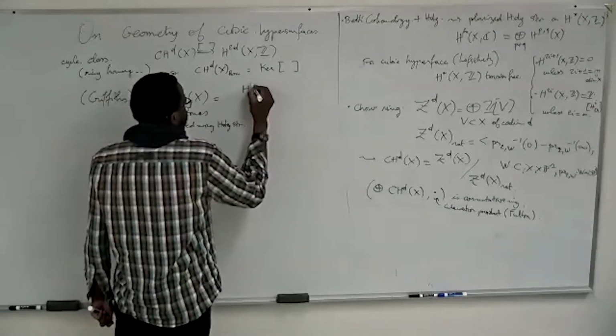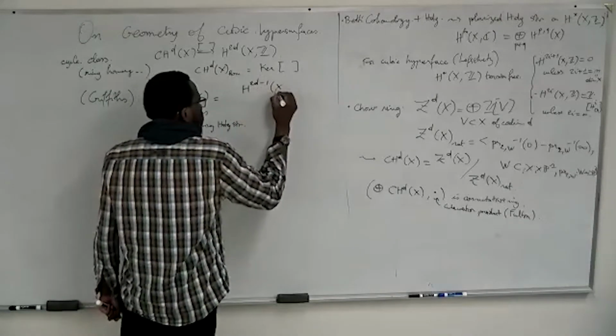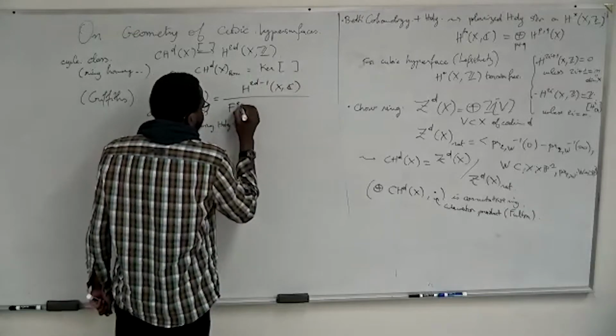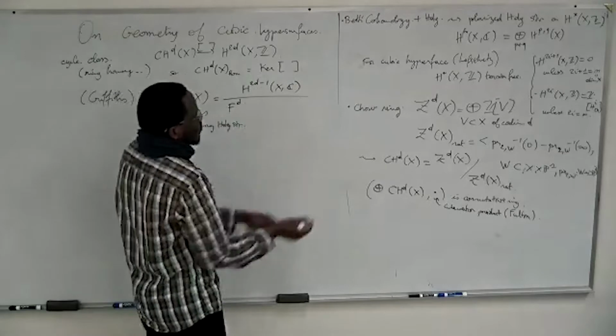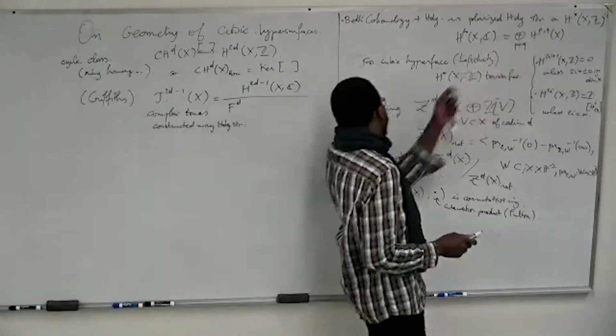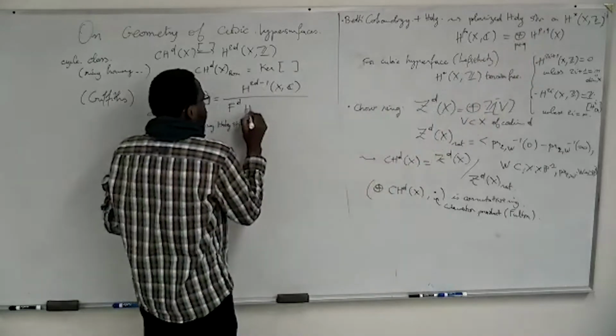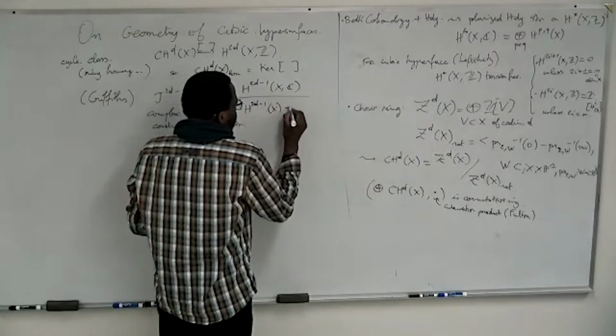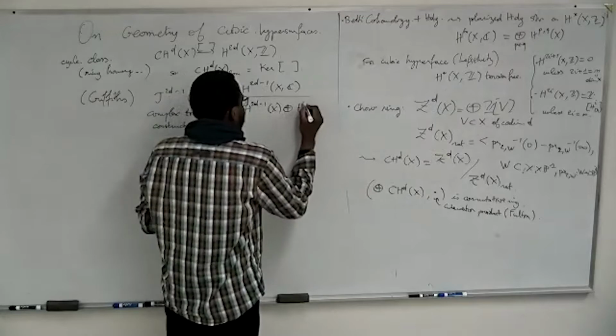The precise formula is something like this. So one takes out half of the Hodge decomposition, and then divides by the lattice that we start with.